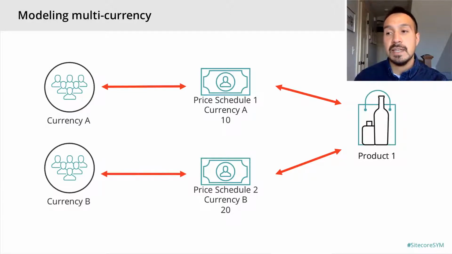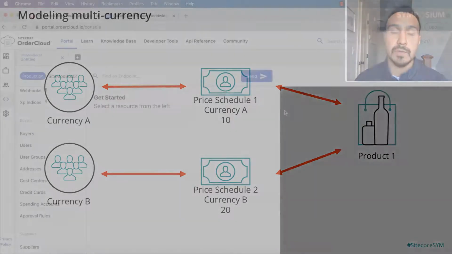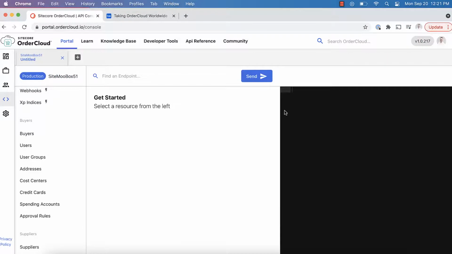This prevents me as an admin from accidentally assigning a price from currency A to a party with currency B. Also, I as a user can't view pricing for products that are not in my currency. So there's actually quite a bit of enforcement granted to us just by using currency. And that's really one of the benefits of doing that. For our demo today, we'll be looking at how to implement multiple currencies by leveraging locales.